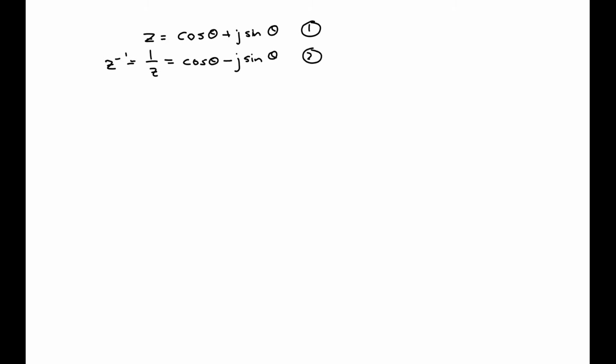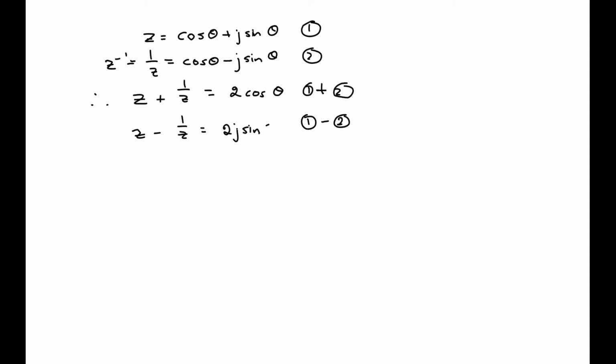If we add them together, then we get z plus 1 over z is equal to 2 cos theta, just by adding 1 and 2. And if we were to subtract 2 from 1, then we would get z minus 1 over z is equal to 2j sine theta.